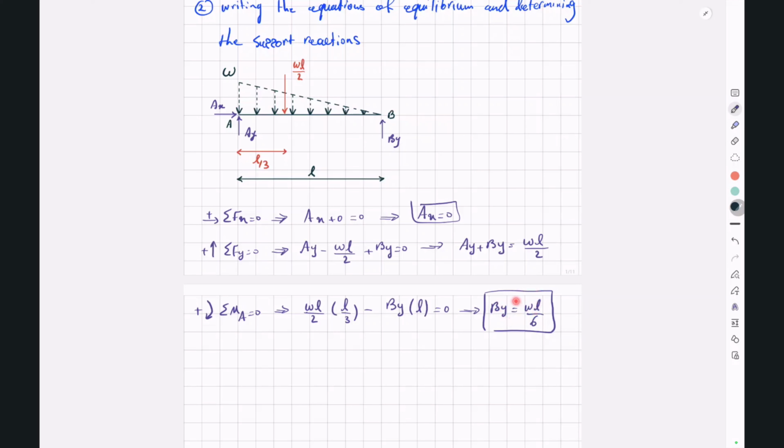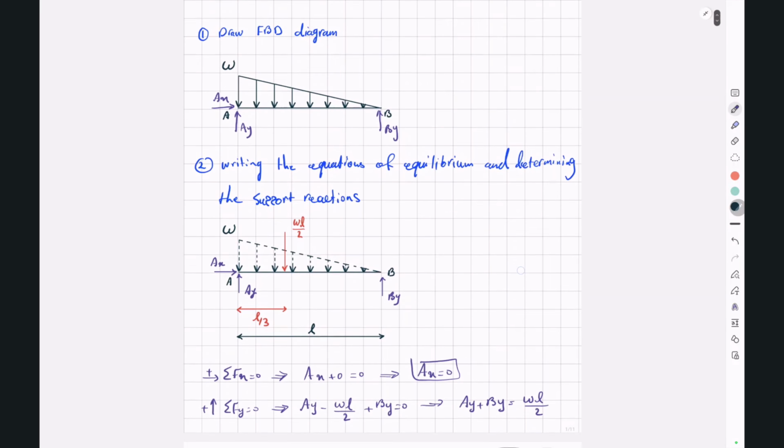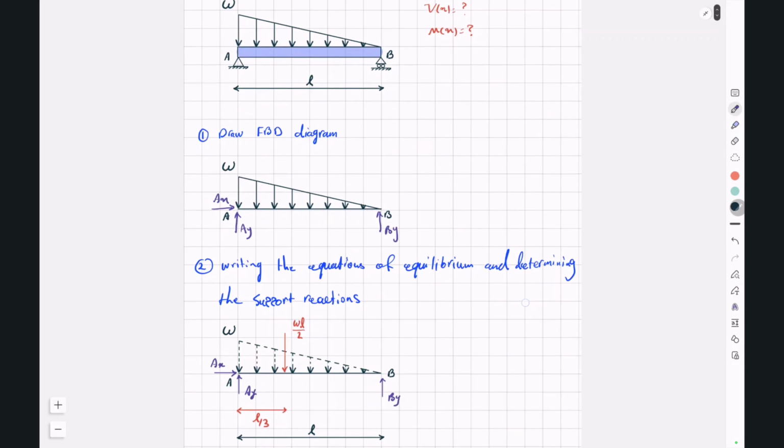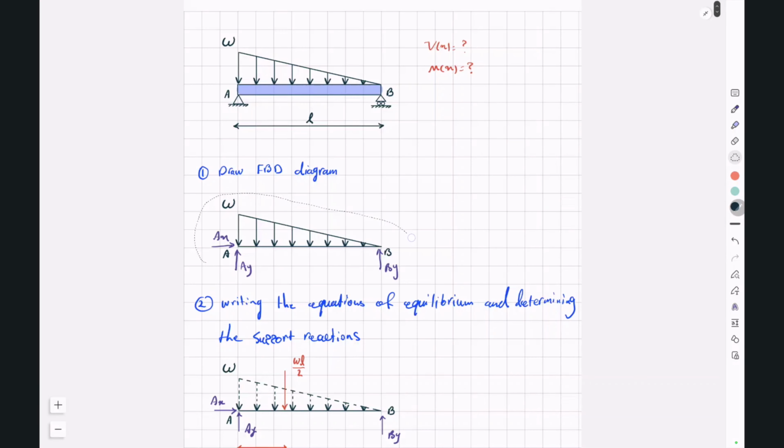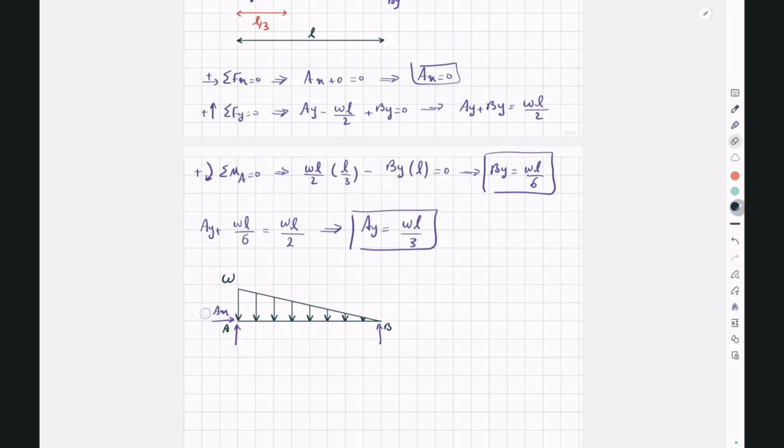And now if we put this BY in this equation, we're going to have AY plus WL over 6 equal to WL over 2, and this will give us an AY equal to WL divided by 3. And now we can substitute these support reactions with the values that we found here. So I'm just going to copy this free body diagram. WL over 3, WL over 6, and the total length of our beam was L.